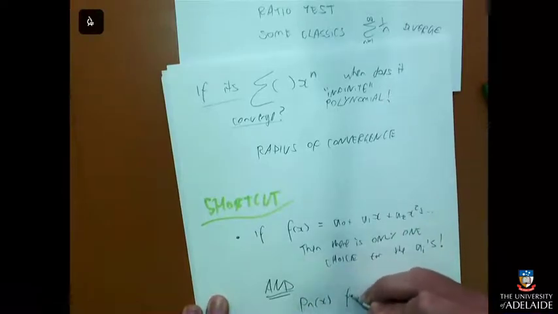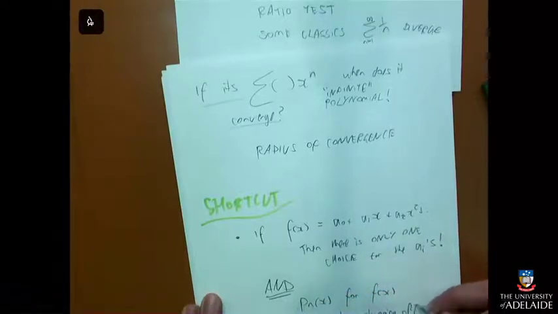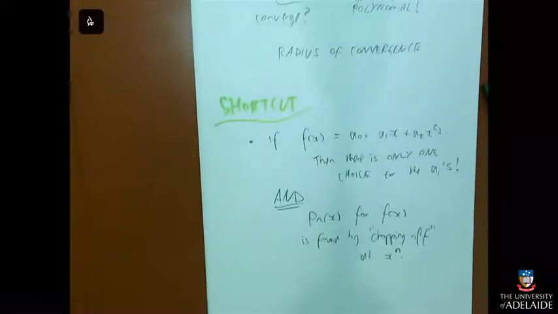Pn(x) for f(x) is found by chopping off at x to the n. So I don't need to do all my derivatives anymore, because sometimes they're really awful.